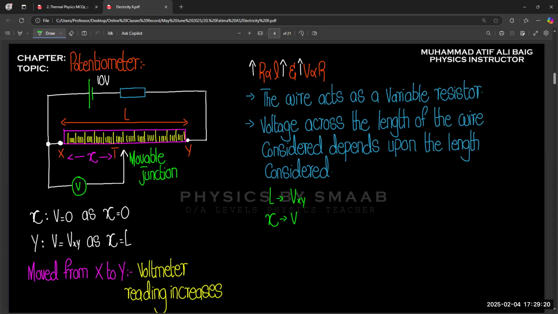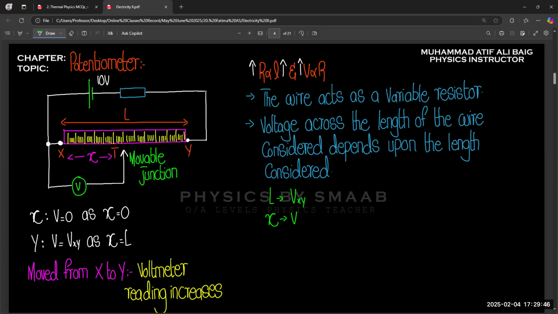For example, if voltage is low, the brightness of the filament lamp is also low, so it gives you a dim light. But if voltage is high, it will give you a bright light output. So if you replace it with a lamp, we can identify the voltage with the help of the intensity of the light. Okay.